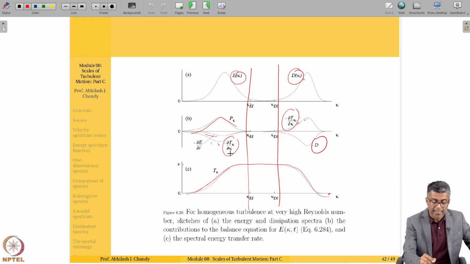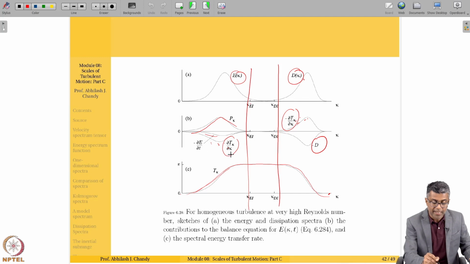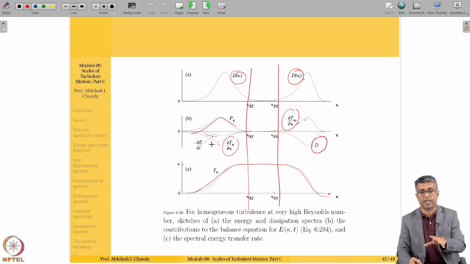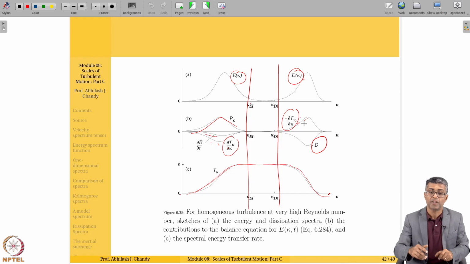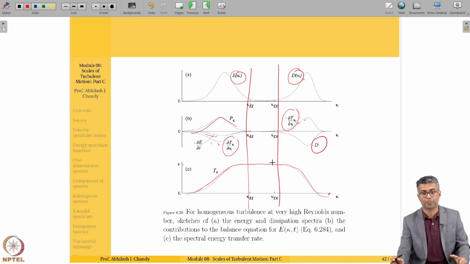And del kappa of T kappa is negative in the energy containing range. Why? Because the energy is being removed from there. And it is positive in the dissipation range because energy is being added there. The transfer term itself starts from 0. It keeps increasing. It peaks in the inertial subrange and then it keeps decreasing to 0.